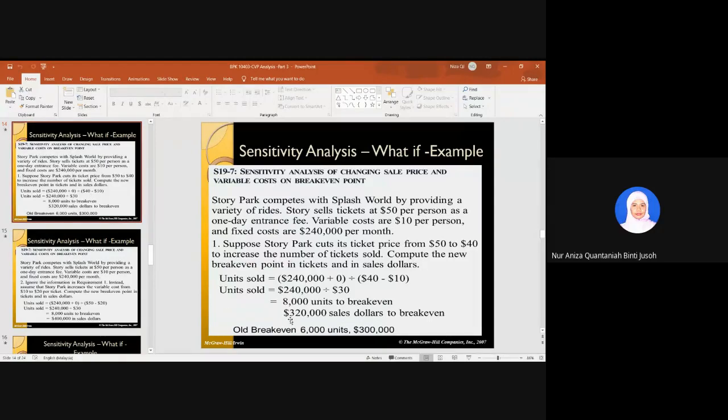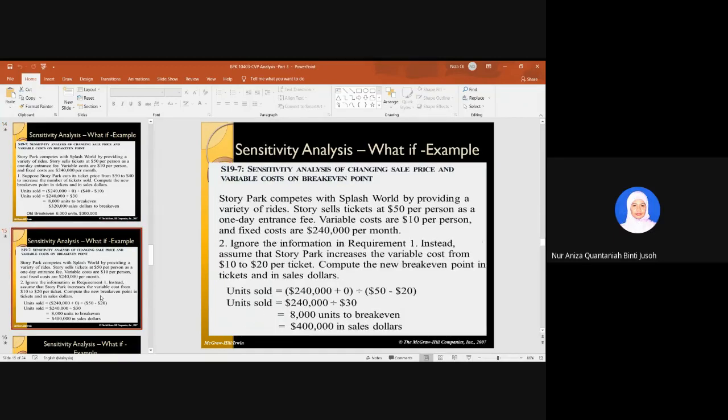Because here 8,000 units, the amount in sales dollars is only 320,000. So it means that if they can get more than 320,000 sales dollars, they will gain profit. But here, the amount of sales dollars must be more than $400,000 to get profit.